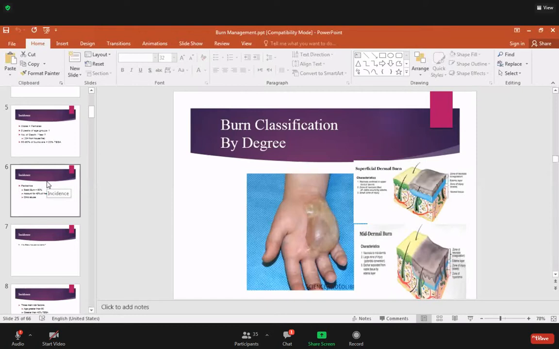This one is a bit bigger in size, but it is still protecting the deeper tissue from the external environment. Don't work on it. If you want, put gauze over it. No need to open it, no need to rupture it. Once there is a scald, we don't rupture it. If it is too big and causing pain, then you can rupture it. Otherwise, there is no need.